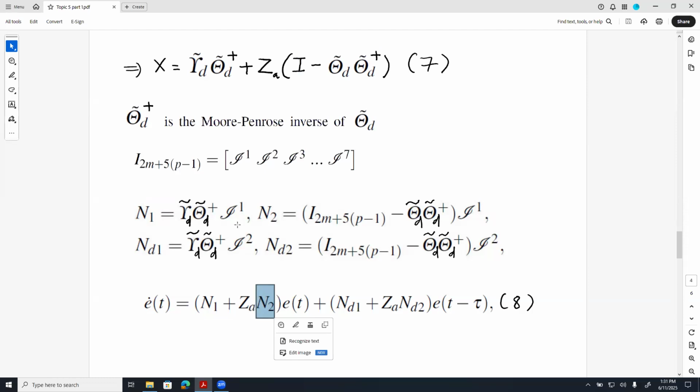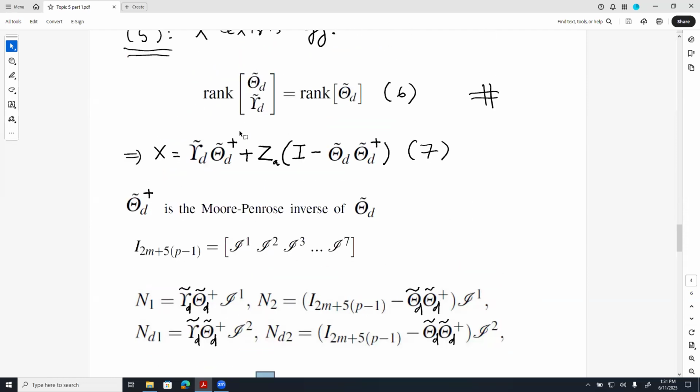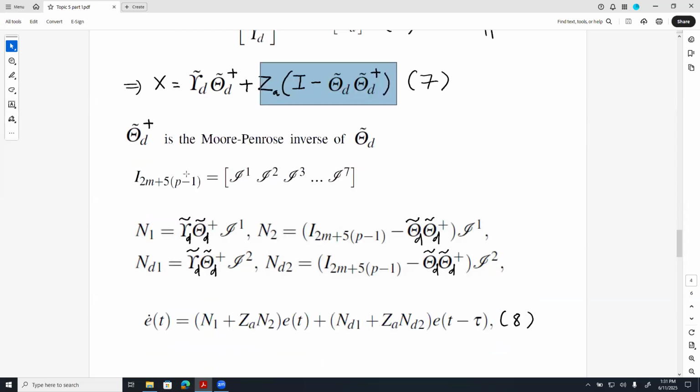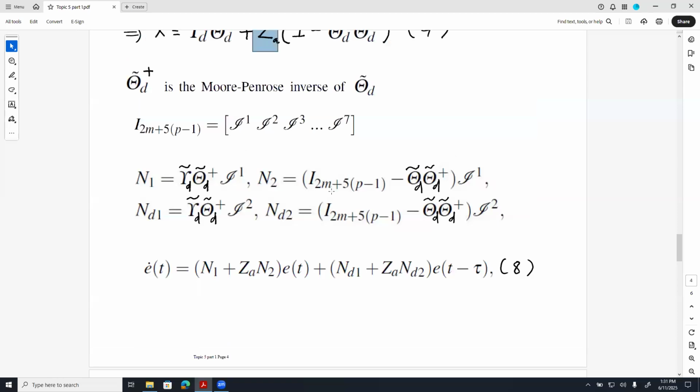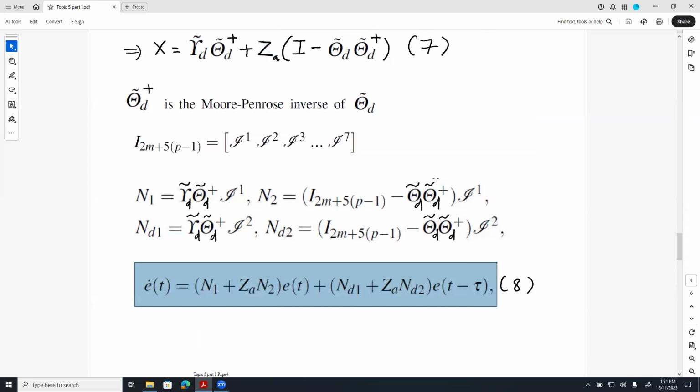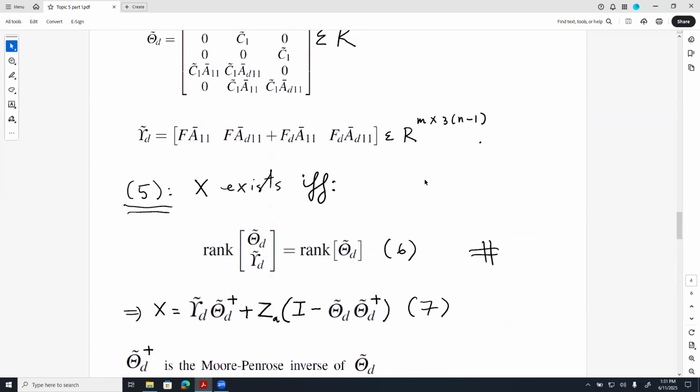Okay, because the general solution has this extra degree of freedom, that allows us to express the solutions in terms of this freedom matrix here. When we put it in this form, we obtain an error dynamic equation. This is the error dynamic equation once we satisfy this existence condition, if and only if the existence condition, and we get the solution for it.